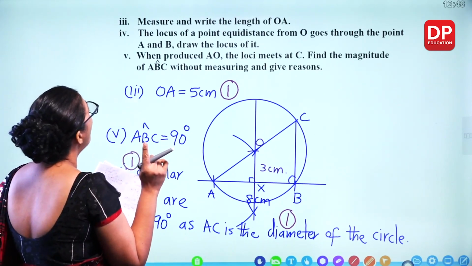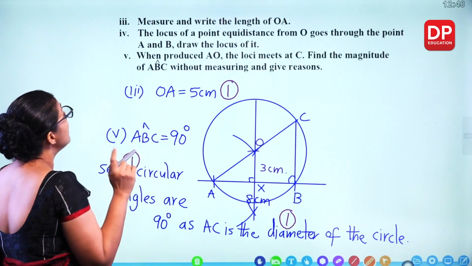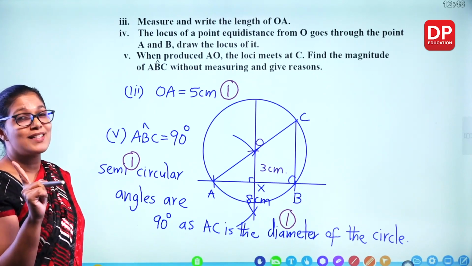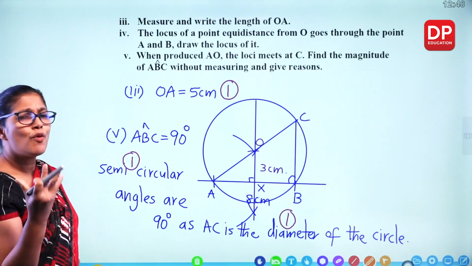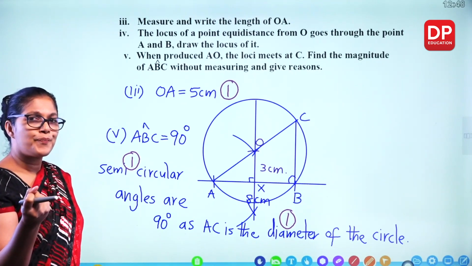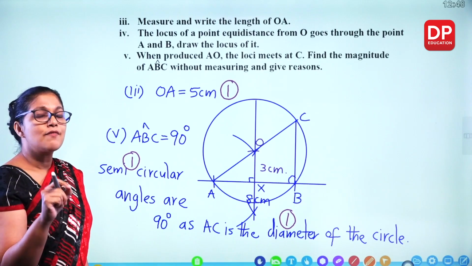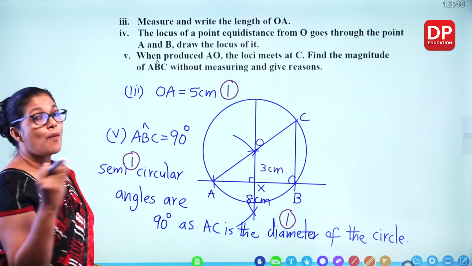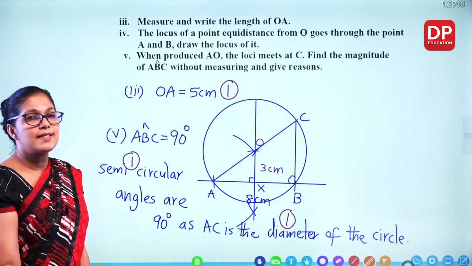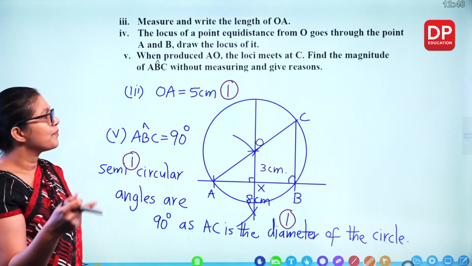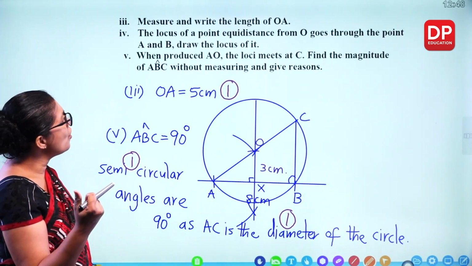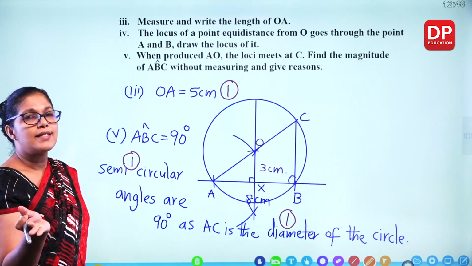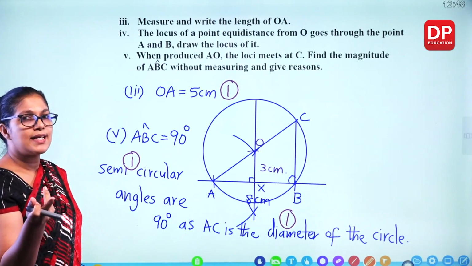for this step, the locus of a point equidistant. So you have to decide what's the locus. So what are the 4 loci you need to know? Equidistance from a point, that's a circle. Then equidistance from 2 points, that's the perpendicular bisector. And next you need to know equidistance from 2 lines, that's the angle bisector.